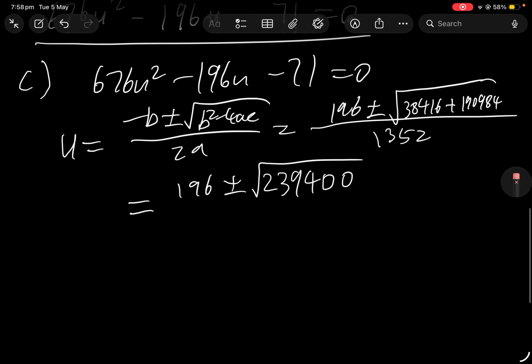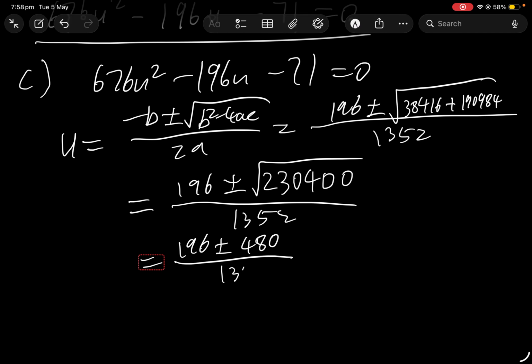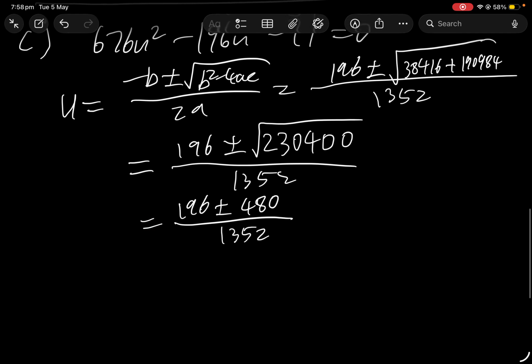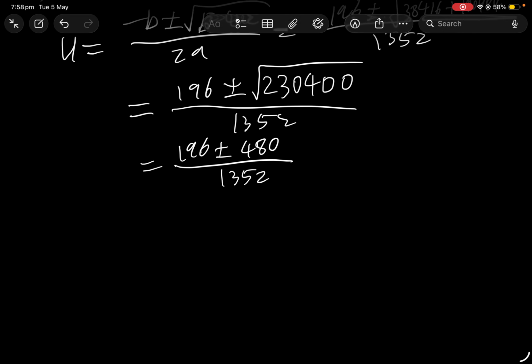It should be 230400, and that would get us to 196 plus or minus 480 over 1352, and we will reject the minus, because if we minus, we will get a negative time, so we don't want that.